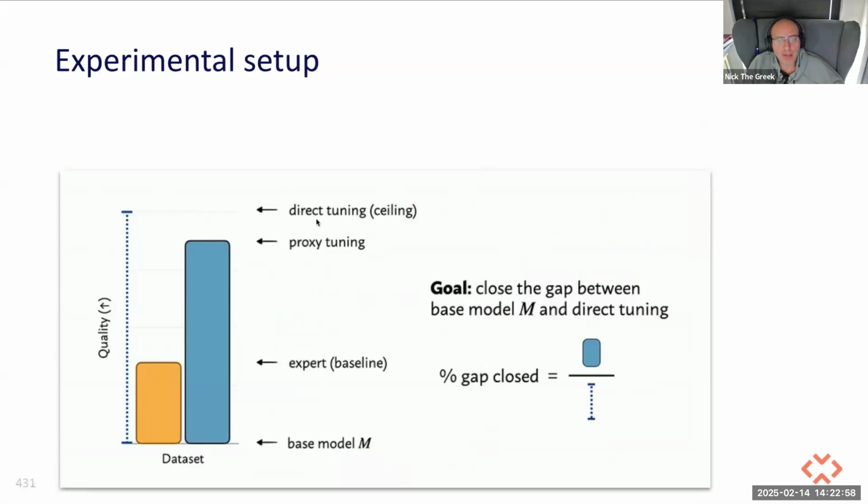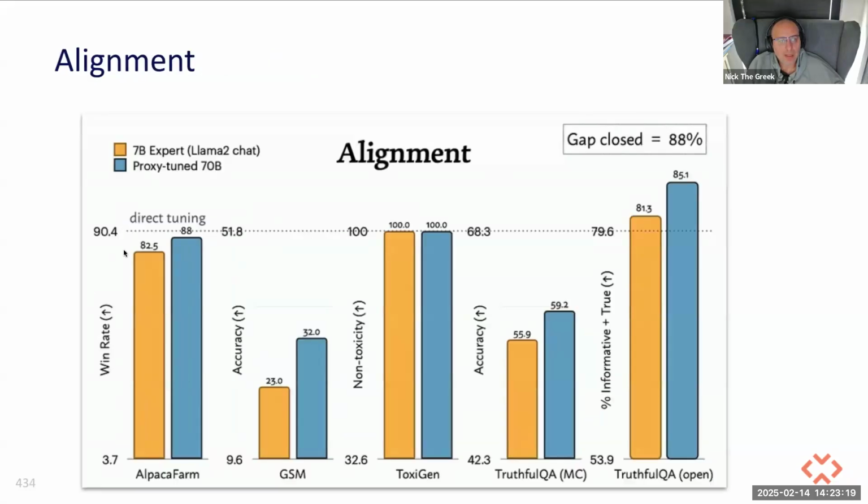And we know that this is the direct tuning ceiling, this is the proxy tuning, this is the expert, and this is the baseline, and this is the percentage that we're going to see being closed. That's the experimental setup. And you can see that there are lifts, to the point of 6%.